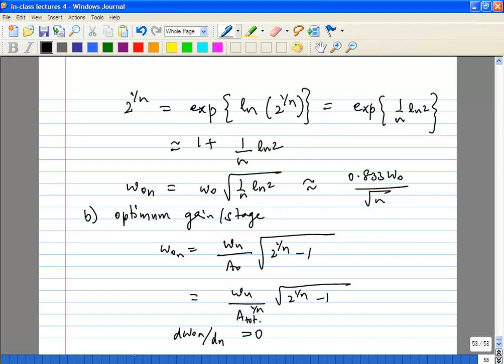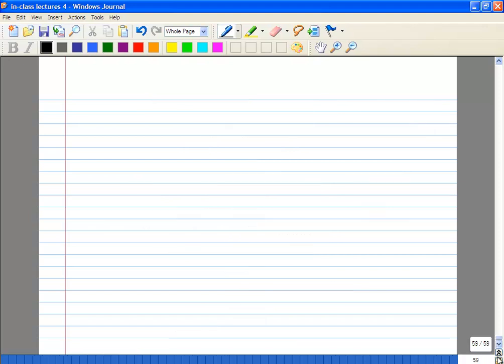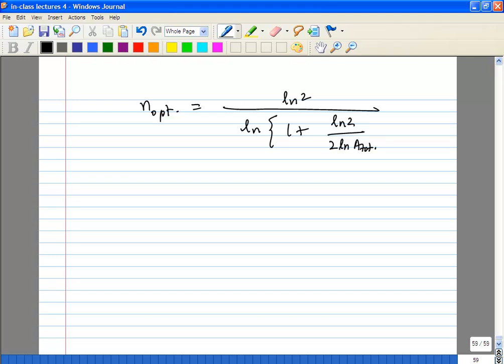You can do this and find out, so you'll get something like this. You can do some algebra and you get n naught is ln 2 over some expression like this after some algebra.